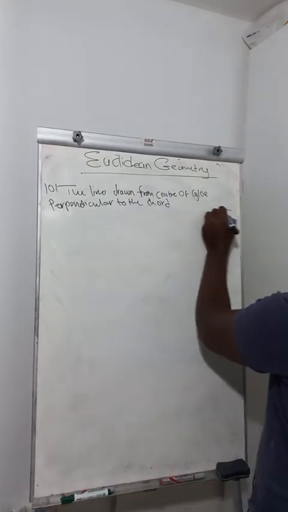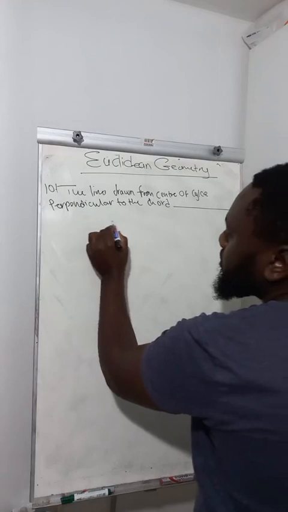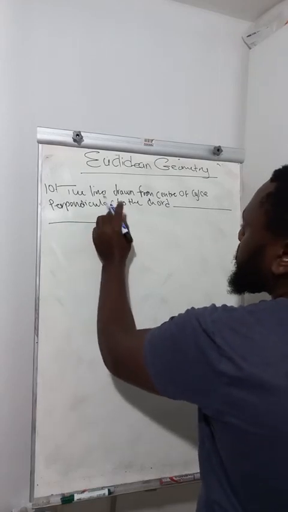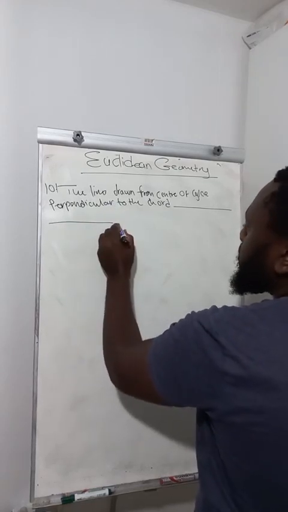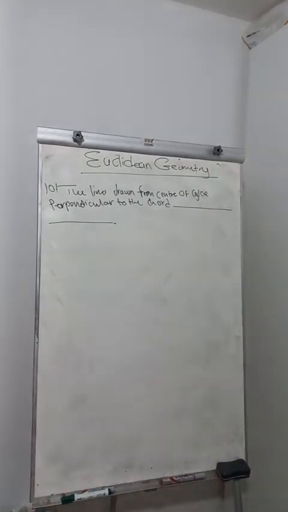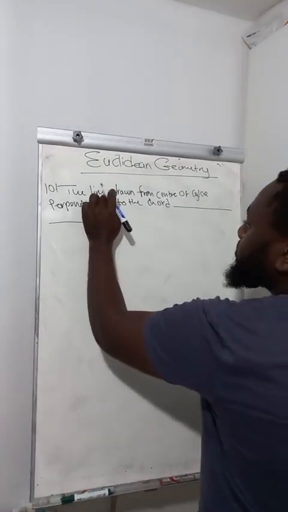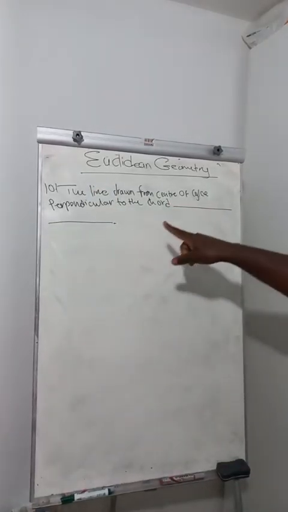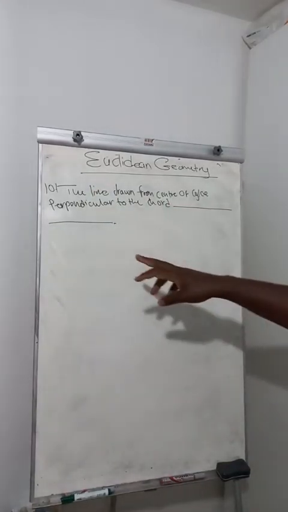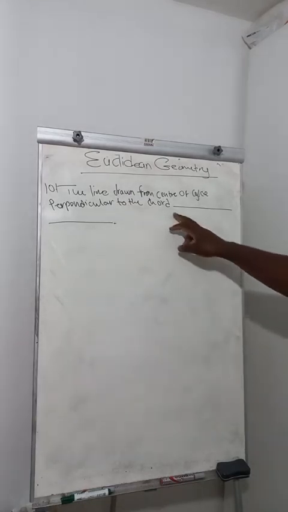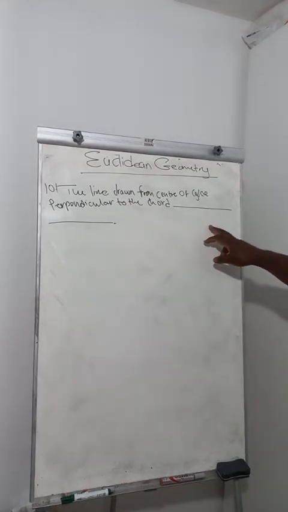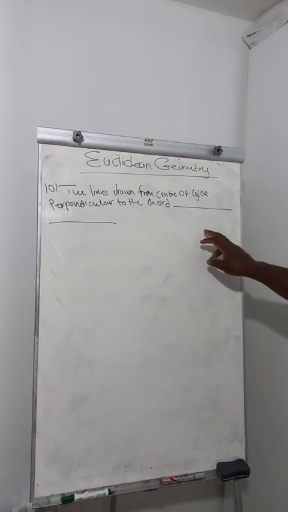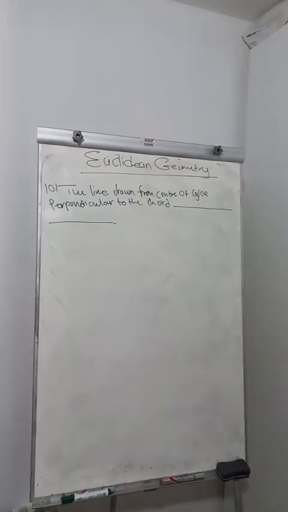Now they say finish up the statement here. What are we supposed to write here? If you're to finish up the statement, this means you should be knowing your theorems.